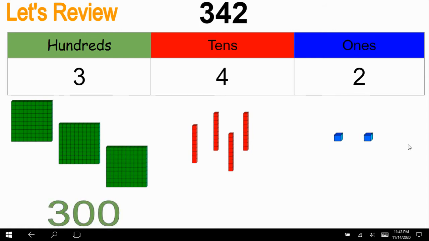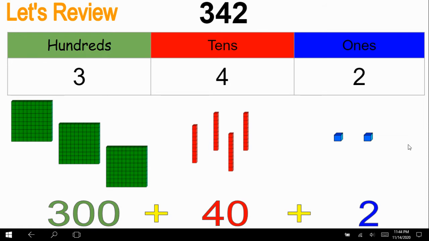We also know that the 3 in the hundreds place is worth 300, the 4 in the tens place has a value of 40, and the 2 is worth simply 2. We can write that number in expanded form by adding addition signs between the values.